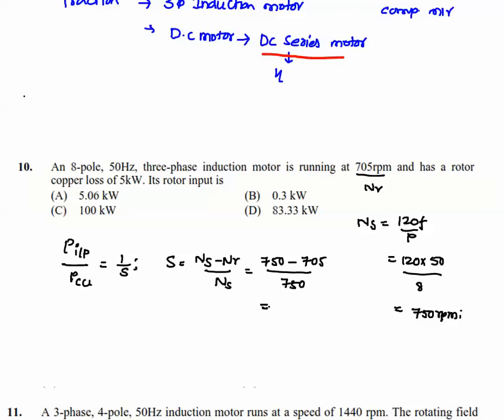By solving this we get 3 by 50, and we need to find the rotor input. So power input is 1 by s, that is 50 divided by 3, into the copper losses of 5 kilowatts. By solving this you will get 83.33 kilowatts.